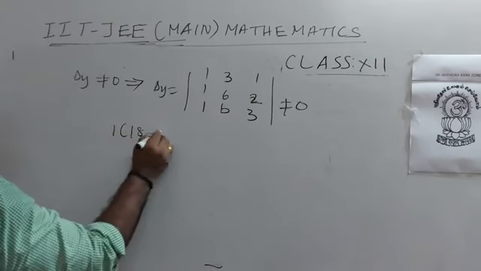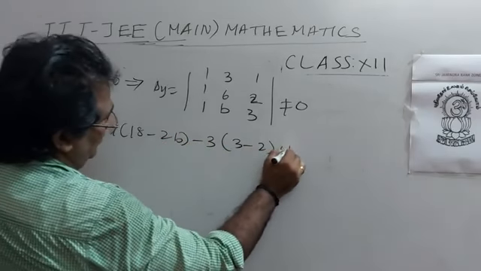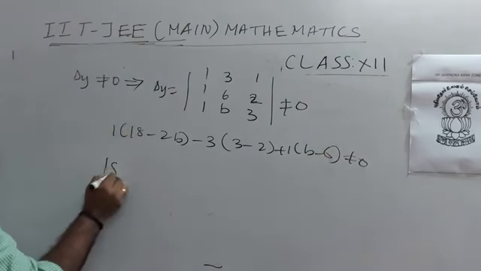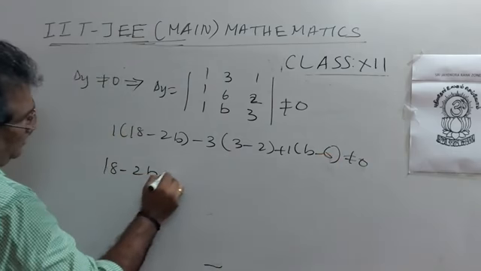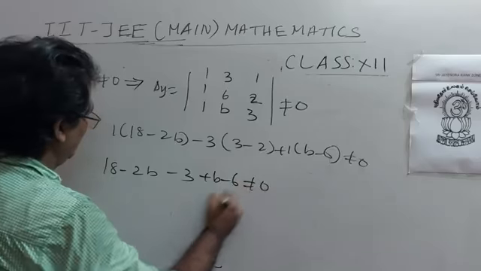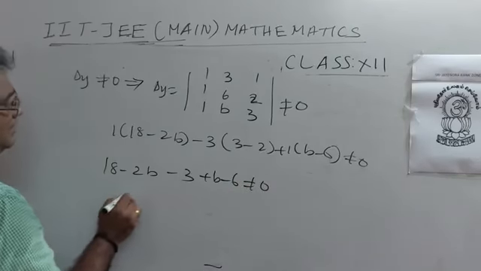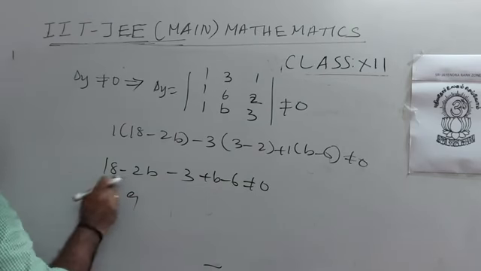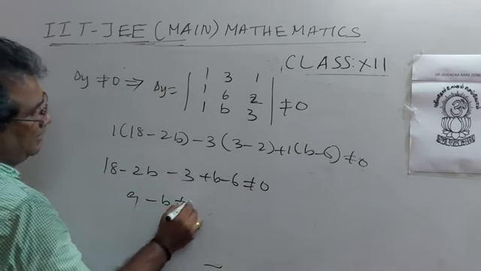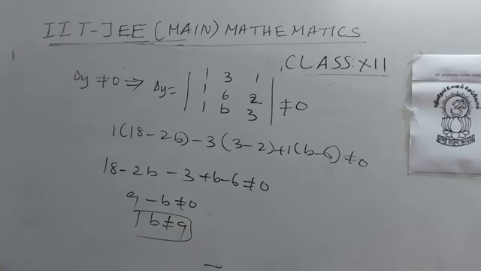Expanding: 18 minus 2b minus 3 plus b minus 6 not equal to 0, so 9 minus b not equal to 0, b not equal to 9.